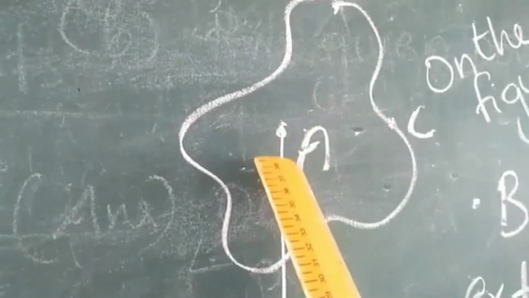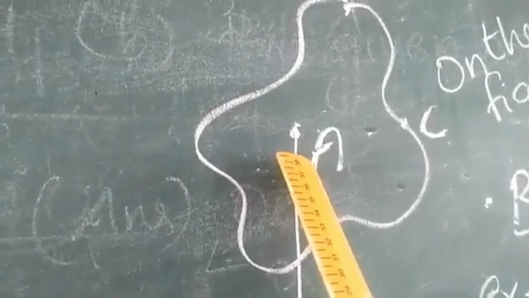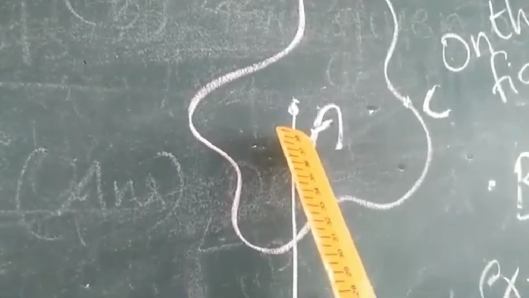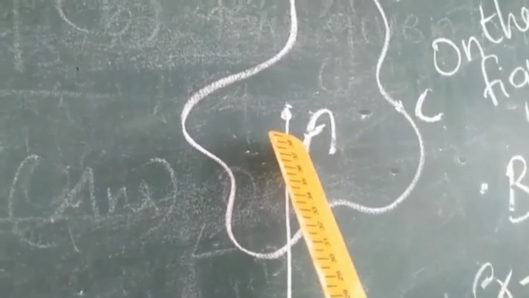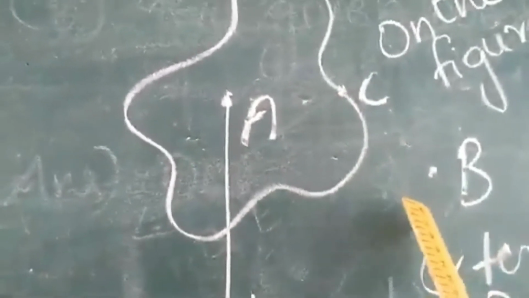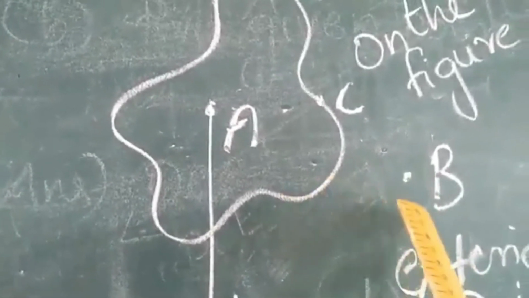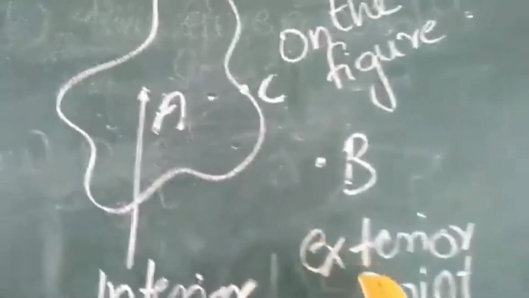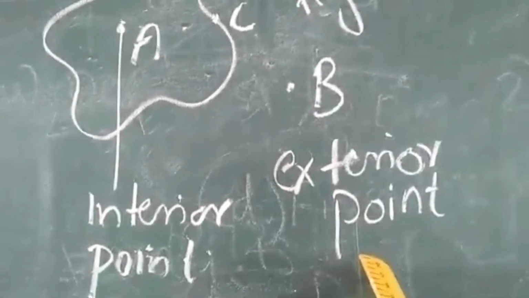So we can term this A an interior point, that means inside the figure. Next, point B I drew outside the figure. So this is known as an exterior point.